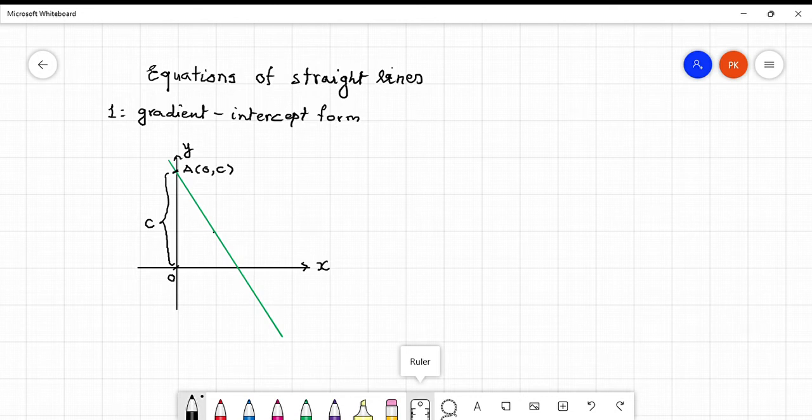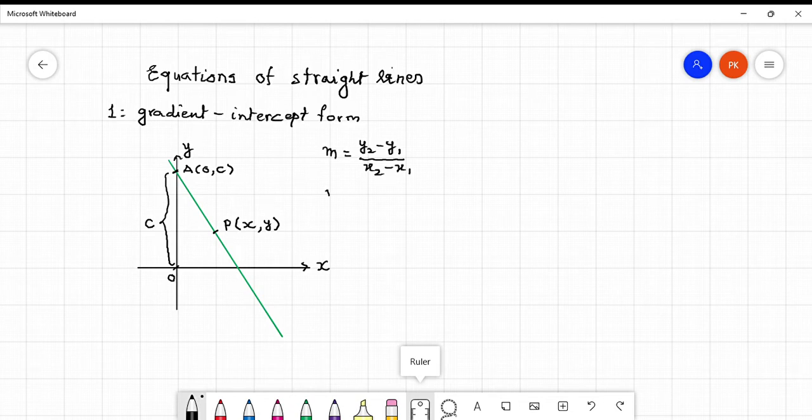Now take any point P on this line. Say the coordinates of P are x and y. Now last time we have studied about the gradient. How do you define the gradient? y2 minus y1 upon x2 minus x1.